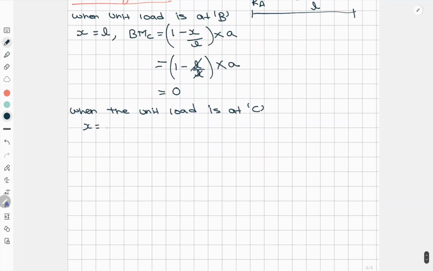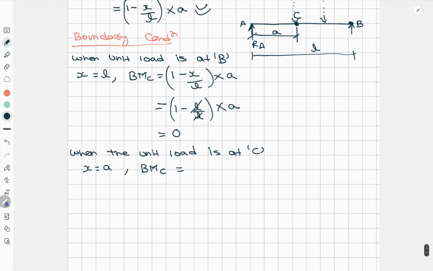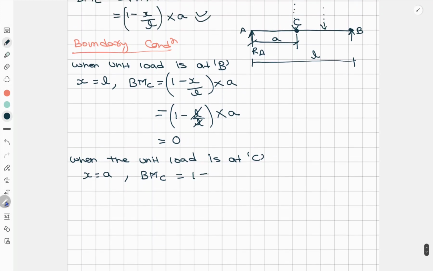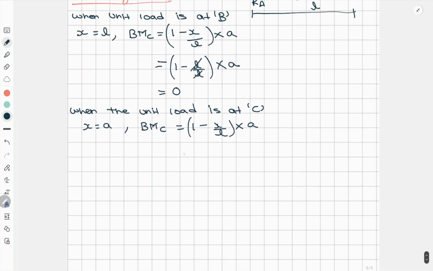So the X value is A. Then the bending moment at C will be, what was the equation? (1 minus X by L) into A. So we just need to put the X value in this equation, then it will be (1 minus A by L) into A. Okay, so this is the equation.